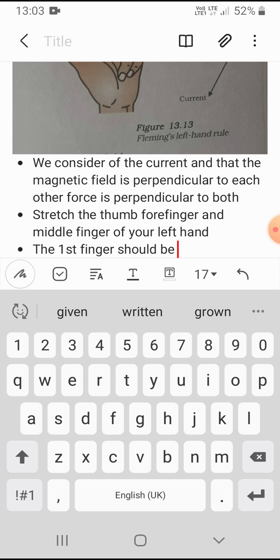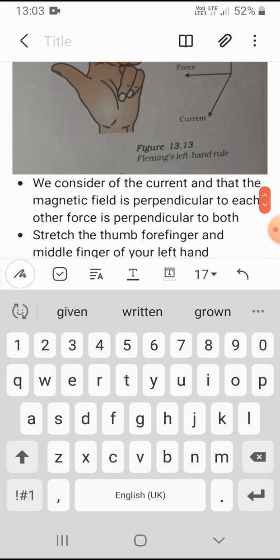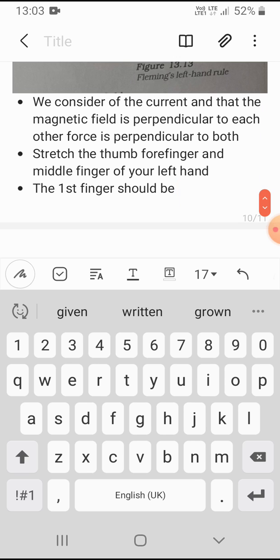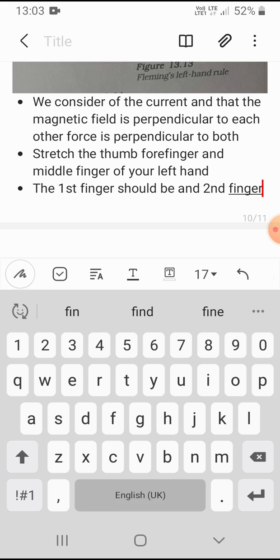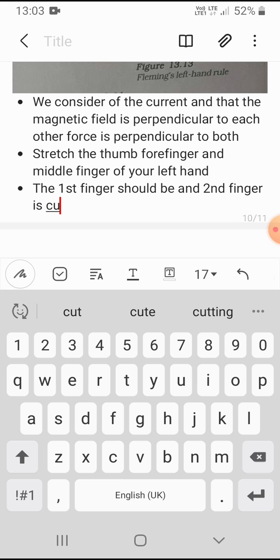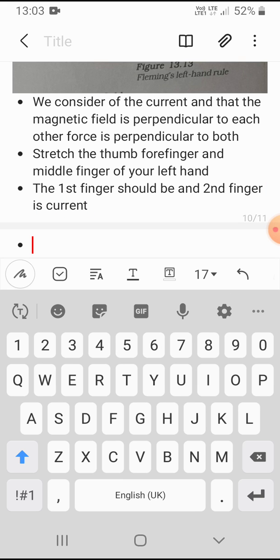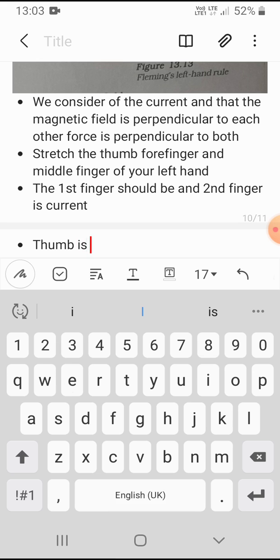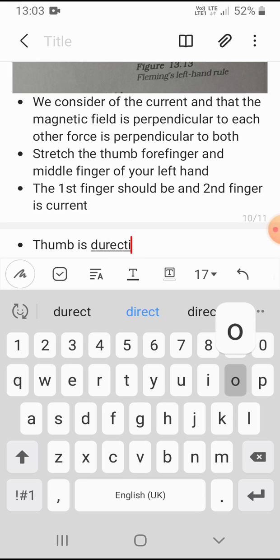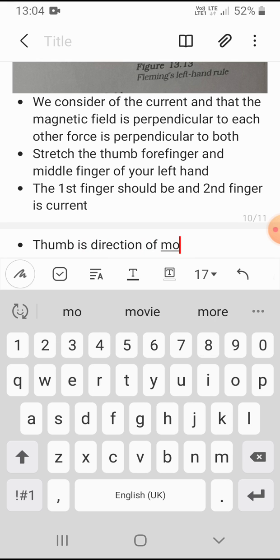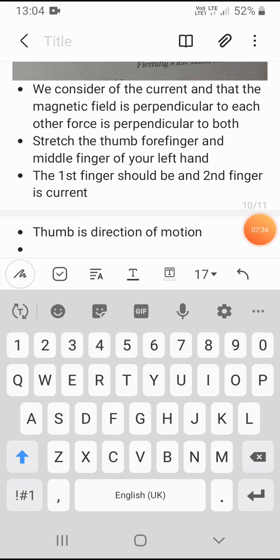The first finger is the magnetic field, the second finger is current, and the thumb is the direction of the motion, the direction in which the motion is happening.